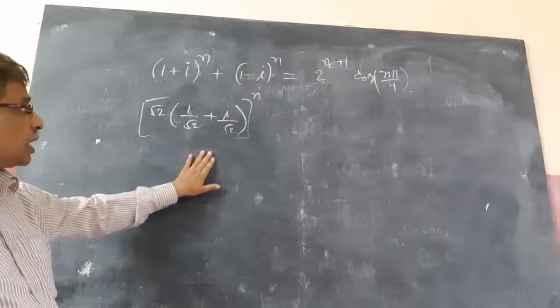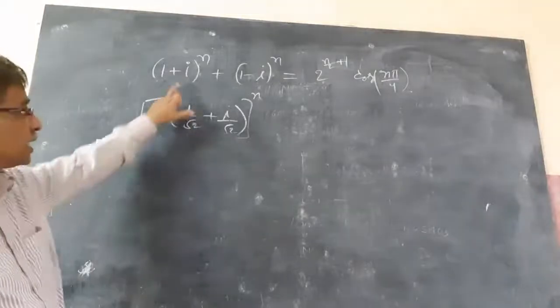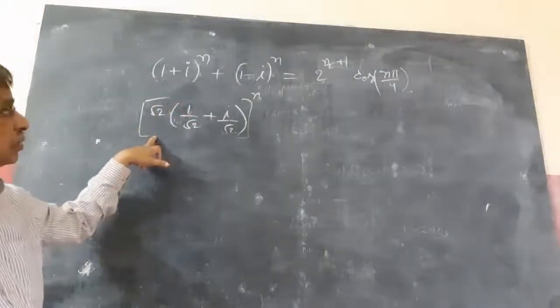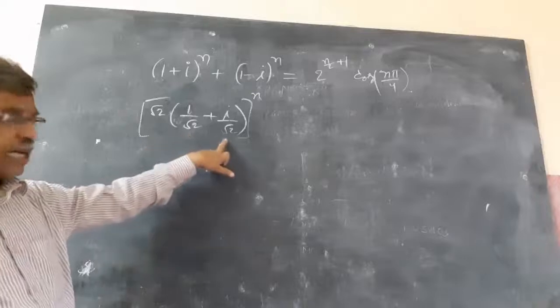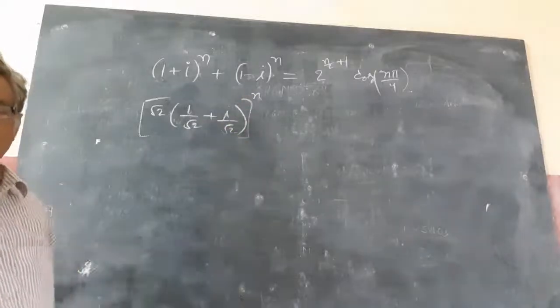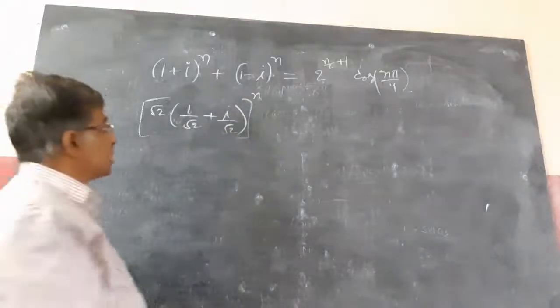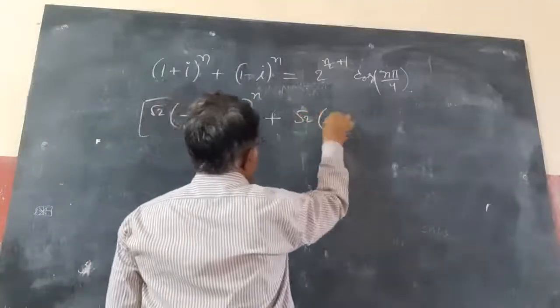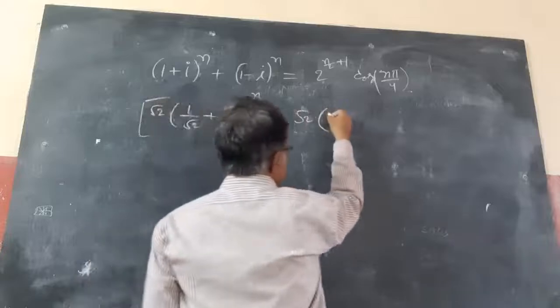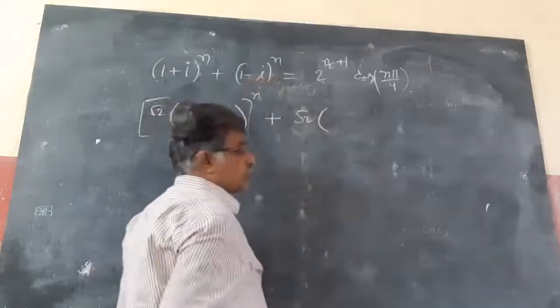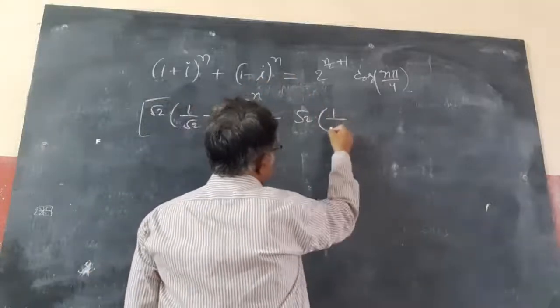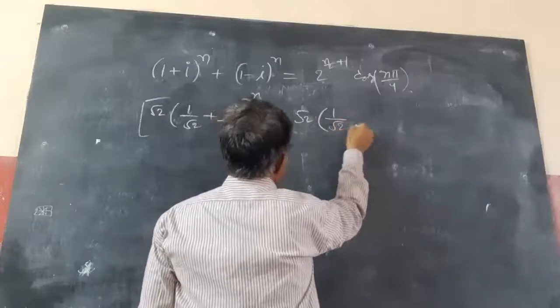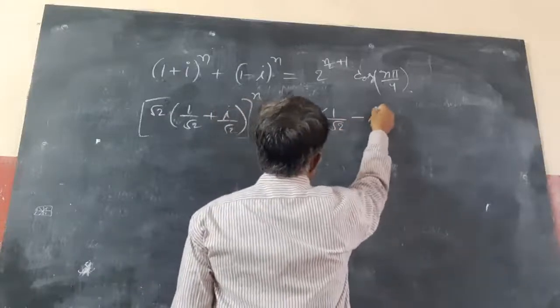So convert it into polar form. Observe, r into, r is root of a square plus b square, r into this is cos 45 plus i sin 45 whole power n. So I can directly apply De Moivre's theorem. Plus this also same, into root 2 by root 2, root of a square plus b square is root of 1 plus 1, root 2. So divide and multiply with r, automatically we will get r into cos theta plus i sin theta form.